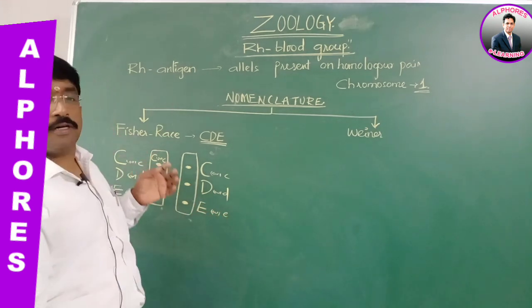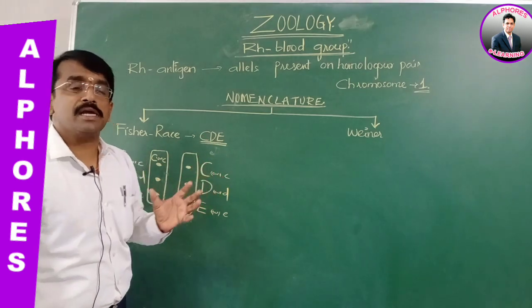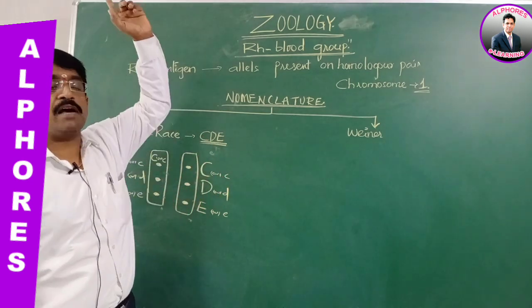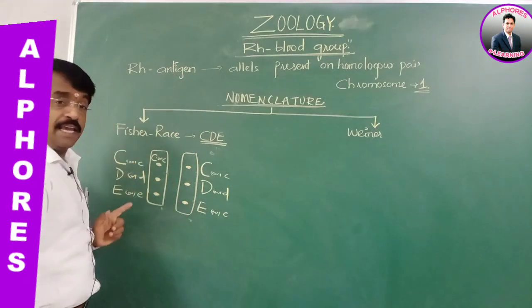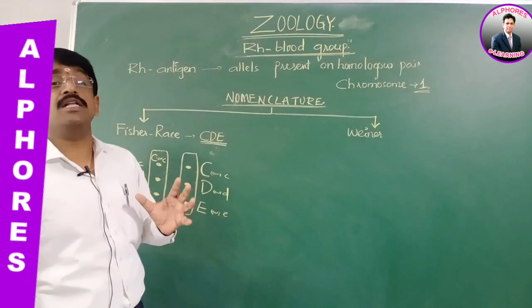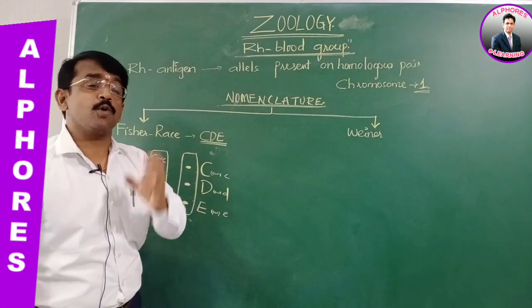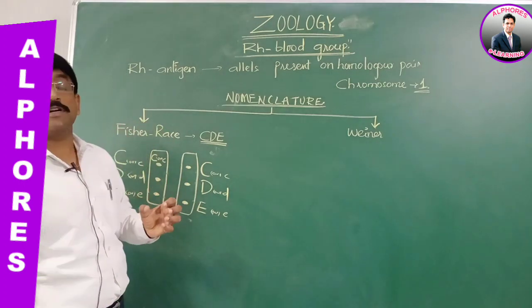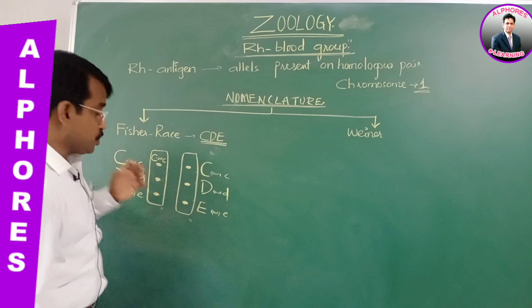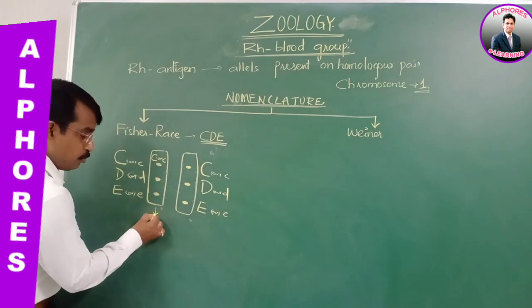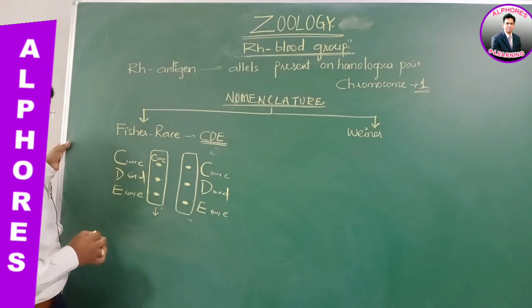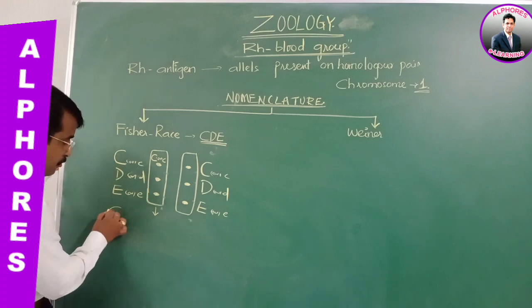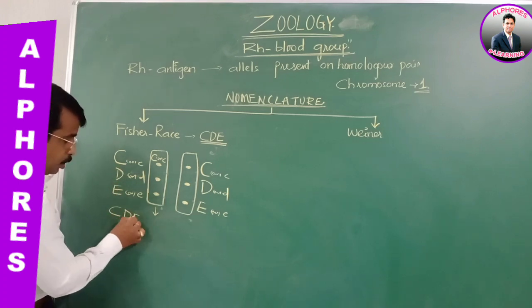This is what the CDE nomenclature is, which means as we have seen IA, IB, IO, here the CDE are the alleles which are going to play a role in the nomenclature of Fisher and Race. This is the chromosome which has what type of genotype? 3 alleles. It may be C, D, E. Look at here.